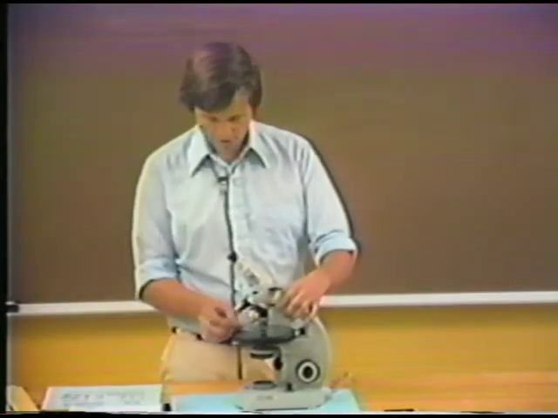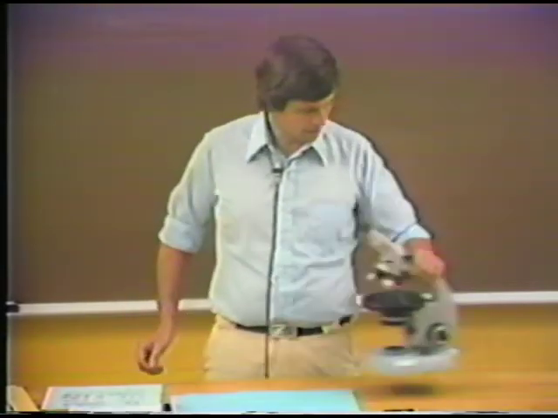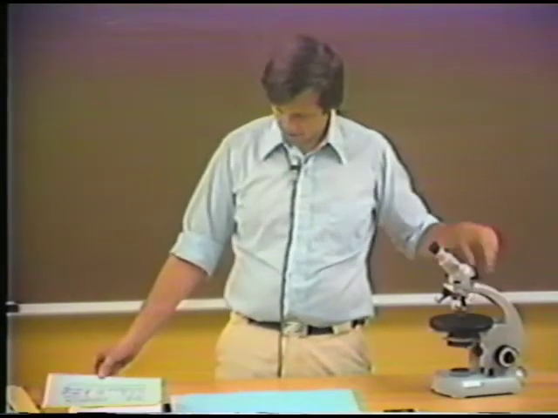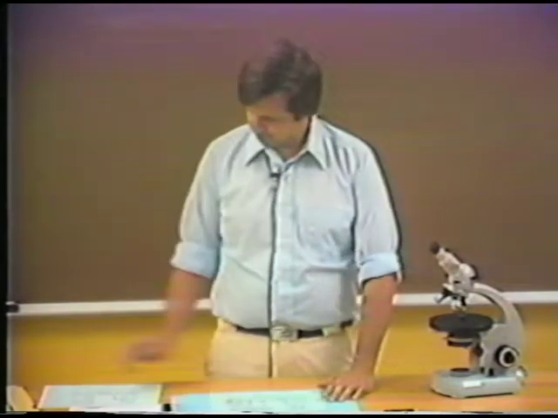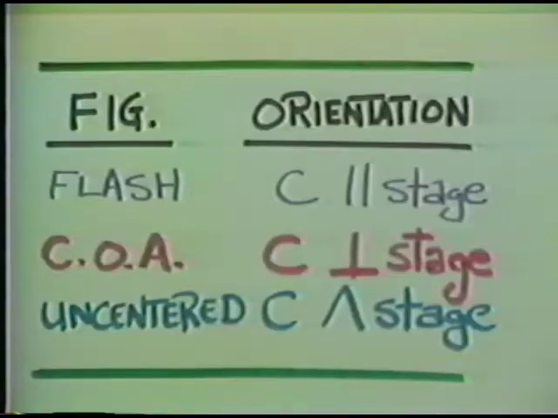Well, let's summarize the orientation relationships then of these different kinds of uniaxial figures. We obtain a flash figure when the c-axis is precisely parallel to the stage of the microscope.